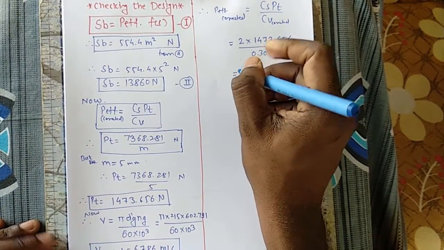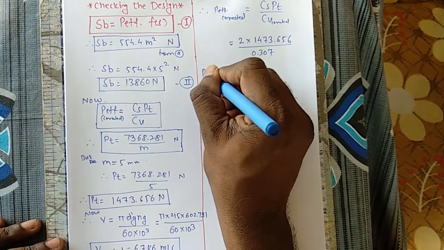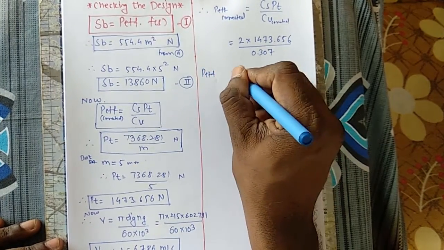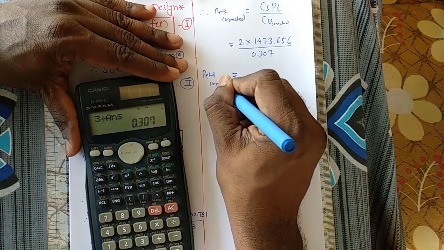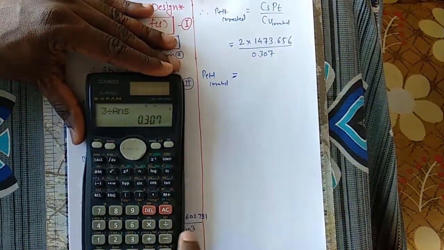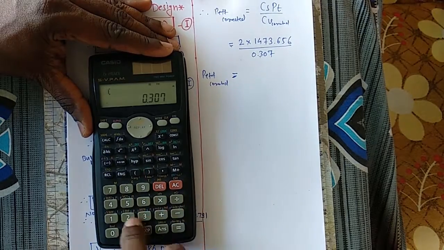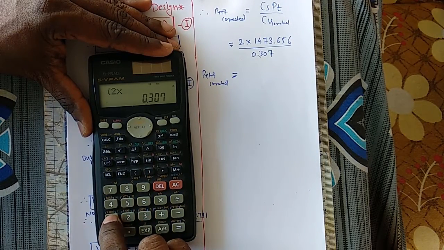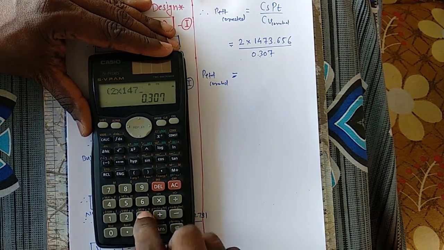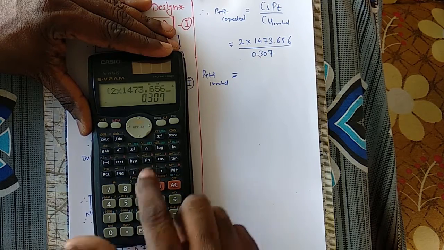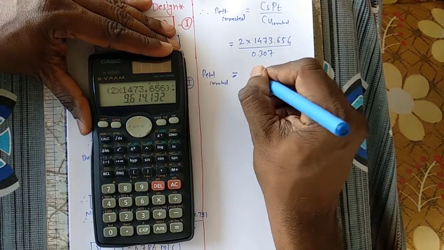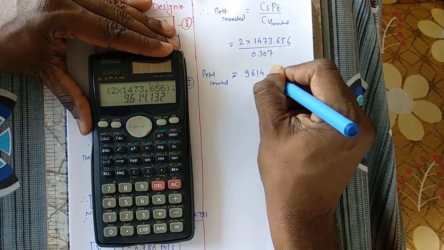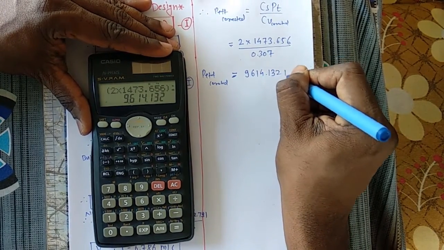From this we get the corrected P effective. So I have the denominator 2 into 0.307, and I calculate the numerator 1473.656 divided by the answer. So I get the value of P effective as 9614.132 Newton.